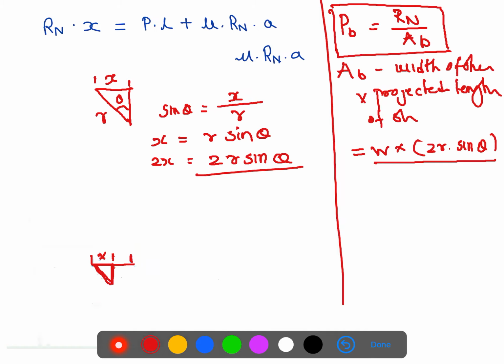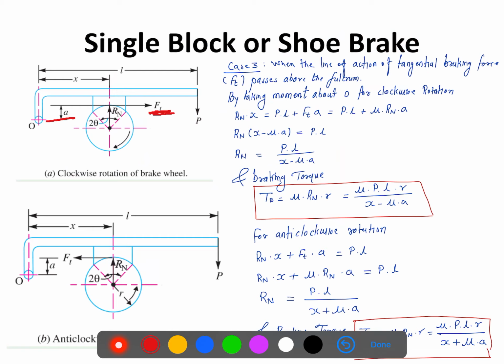As we can see over here, whatever the arrangement is in there, we are having a shoe over here, and this shoe is being pressed against the wheel when we apply the downward force P, and because of that there will be excessive load on the shaft of the wheel, okay, because it is pushed in the downward direction, and because of this braking action there are chances of bending of wheel shaft, right?